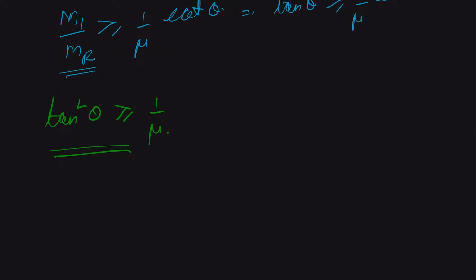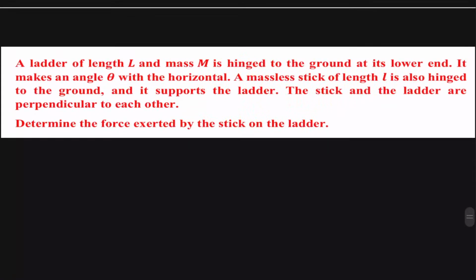And now we come to our third question. The third question is somewhat similar, not exactly, because here the other part is massless. In the previous case both had mass.